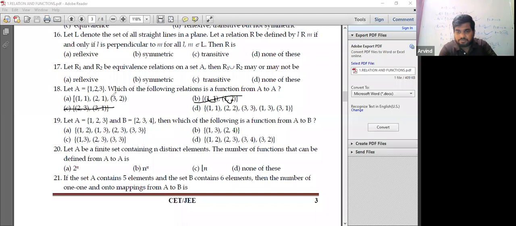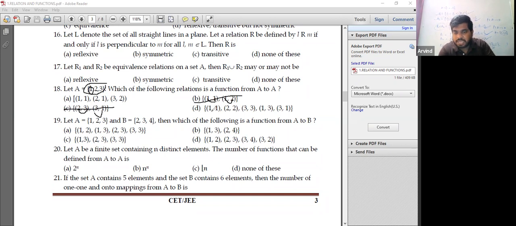Why? Here 2 is related to 3, 3 is related to 1, but 1 is not related to anything. What is a function? Every element of A, that is 1, 2, 3, all should be related to B. So 2 is related to 3, 3 is related to 1, but 1 is not related to anything. So this is also not a function.